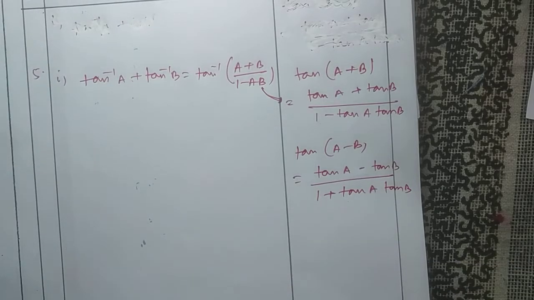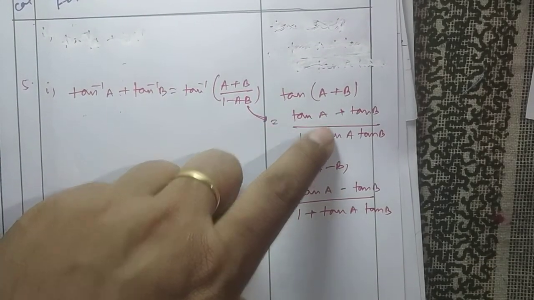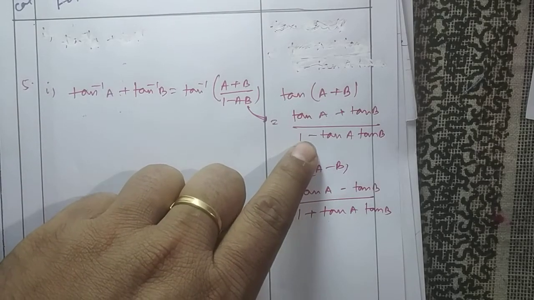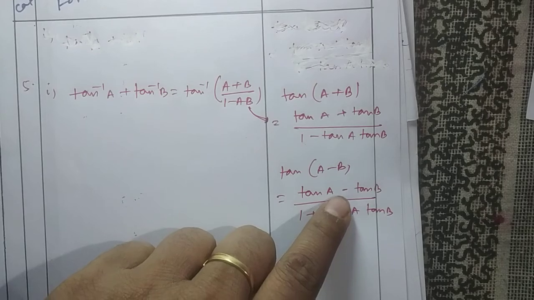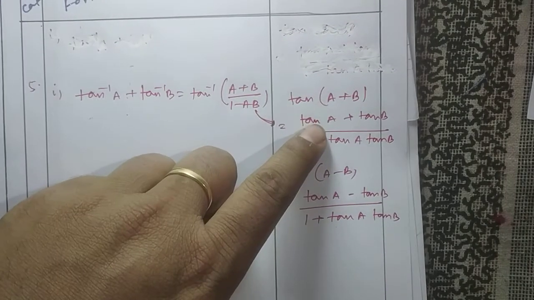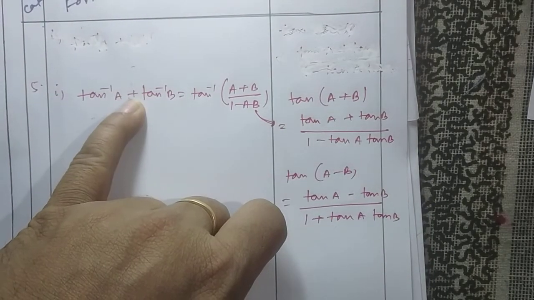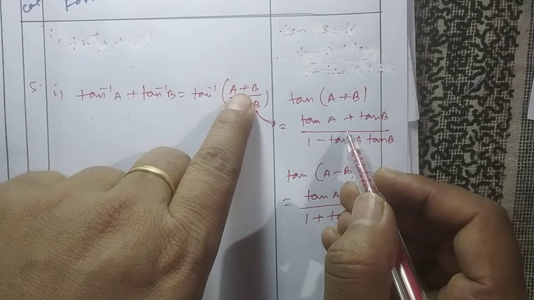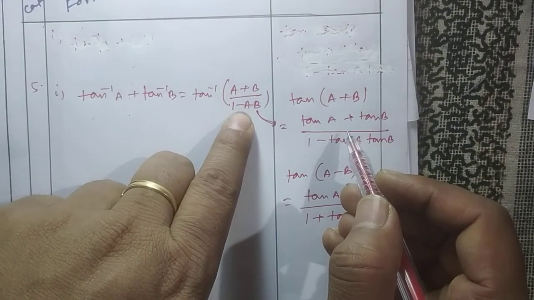Just try to remember. In the case of tan of a plus b, the upper will be plus, the lower will be minus. In the case of minus, the upper will be minus, the lower will be plus. Look, here plus is happening, also here plus is happening. So like that, upper will be plus, lower will be minus. Understood?